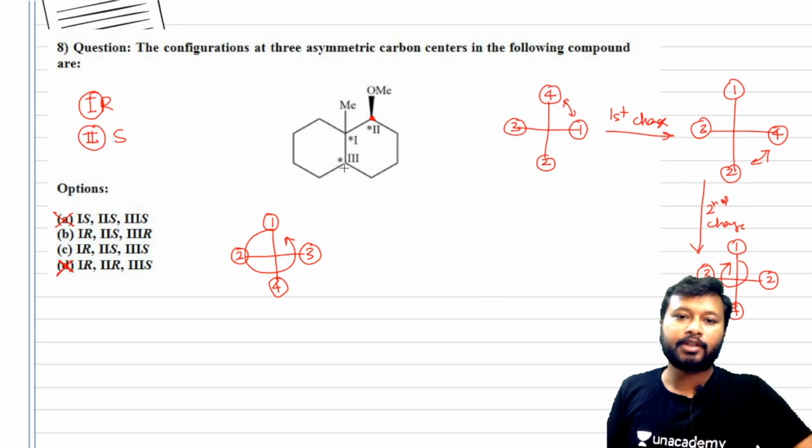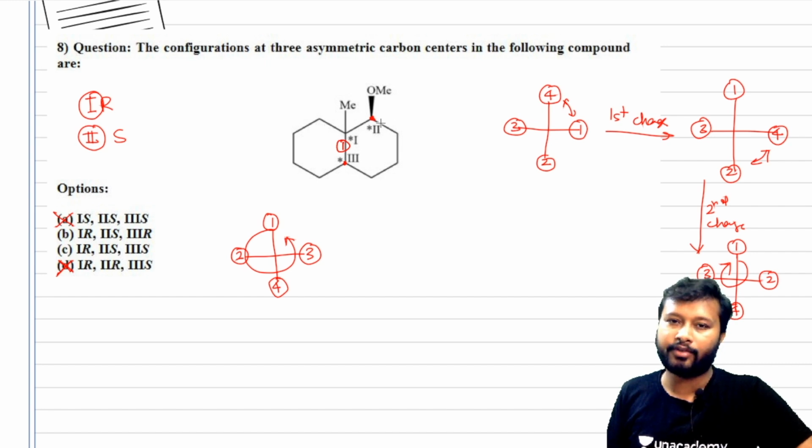Let's talk about the third chiral center. Over here, the first priority group will obviously be this side, because here is a carbon attached to 3 different carbons. Then the second priority group will be this side, because the ring on both sides is similar, just over here you have oxygen also, but this side there is no oxygen. So this is the second priority, and this is the third priority.